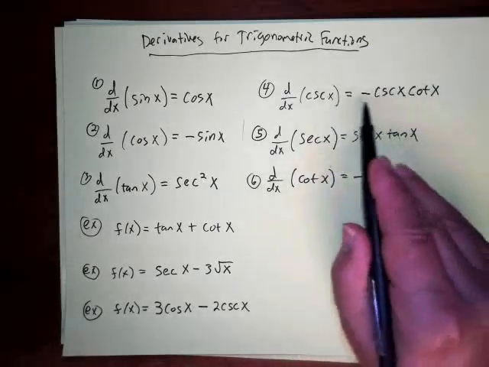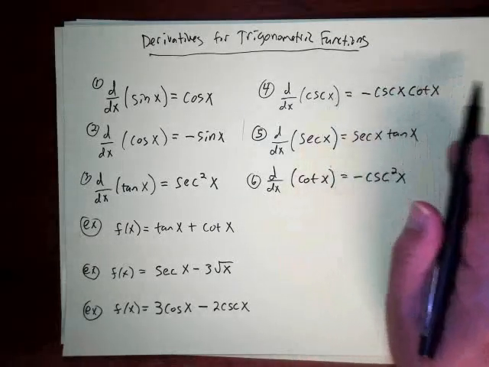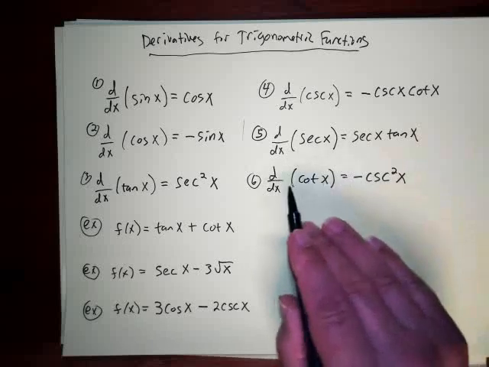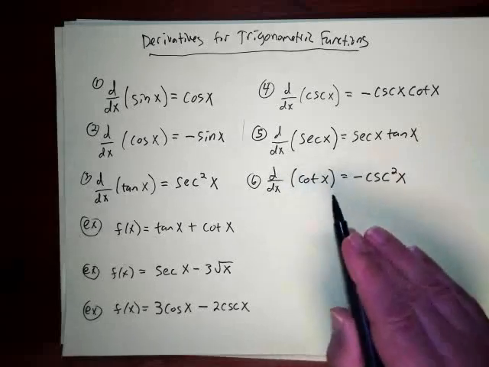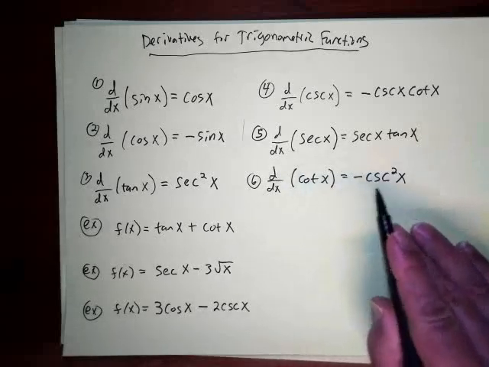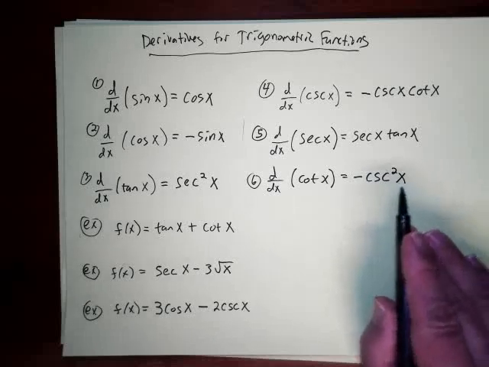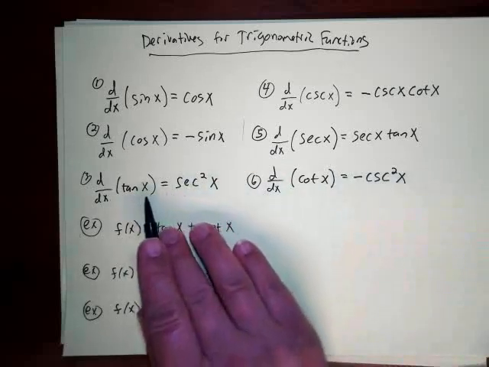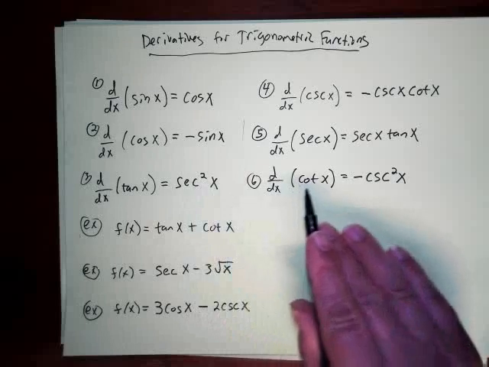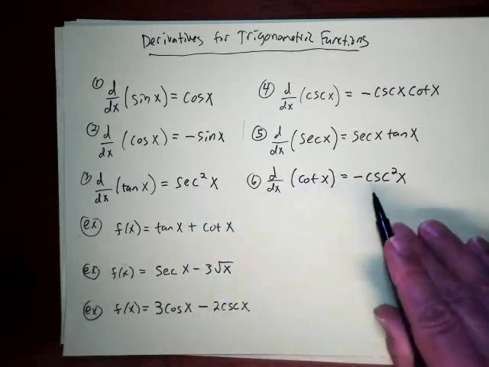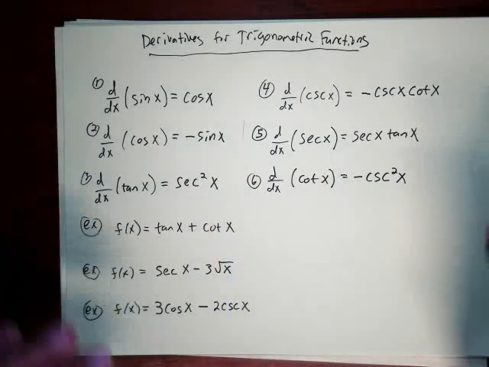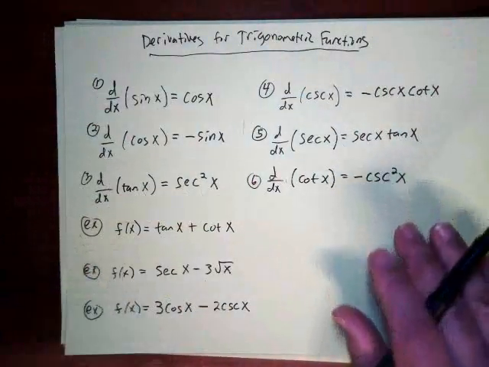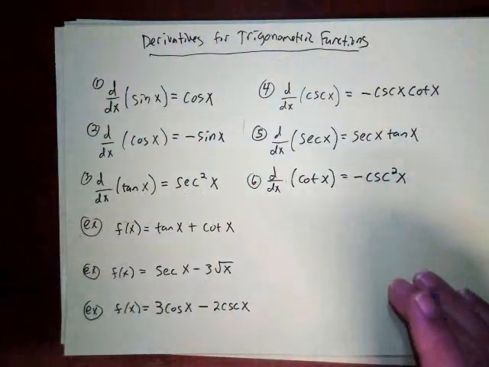Same with cosecant, but you have the opposite cosecant times cotangent x. And then the derivative of cotangent of x is the opposite of the cosecant squared of x. Kind of like derivative of tangent is secant squared. Derivative of cotangent is opposite cosecant squared x. Okay, so these are all the derivatives for all 6 functions.